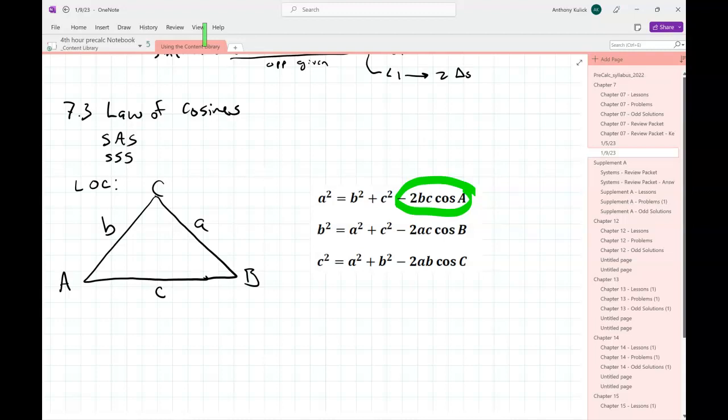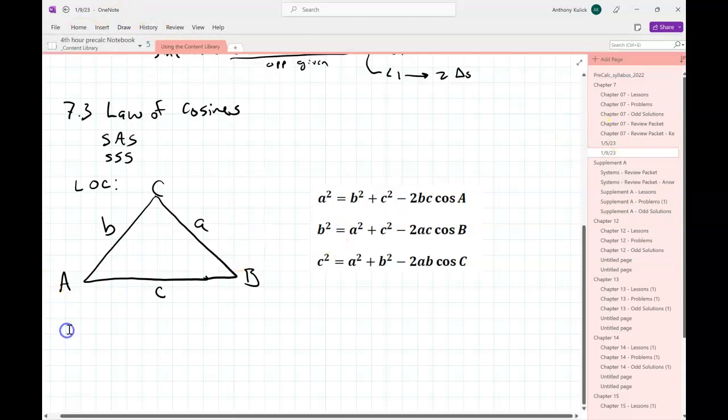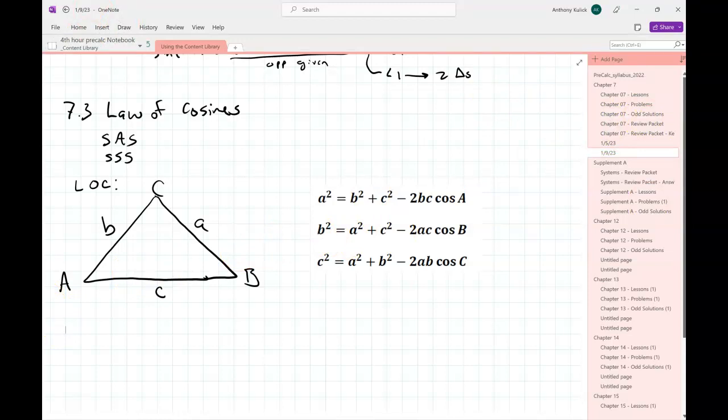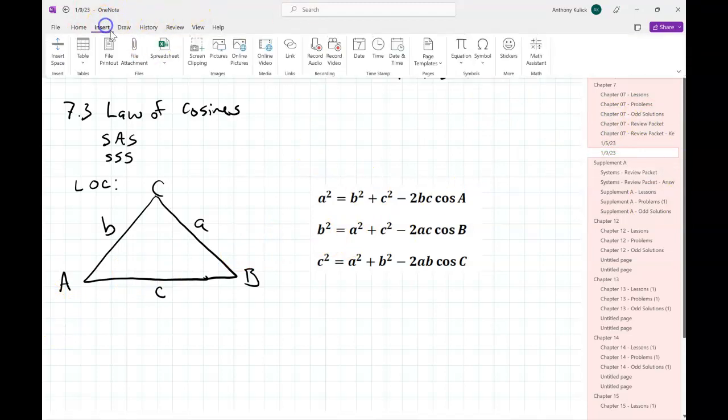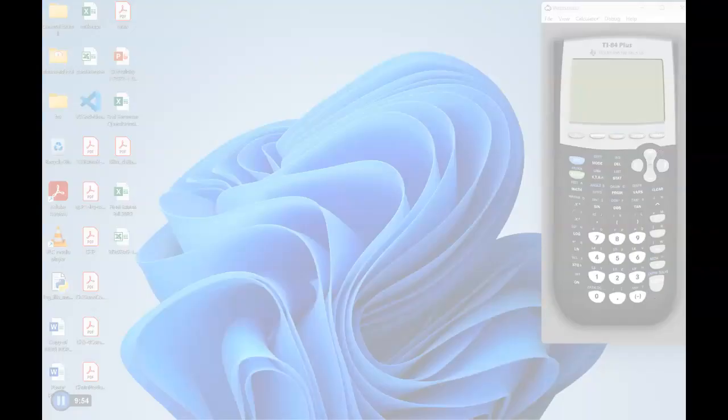So when it's a right triangle, it just simply turns into the Pythagorean theorem. That's basically all this is, just the Pythagorean theorem with that extra correction factor stuck on the end, because we don't have a right triangle necessarily. And if we do, the correction factor just drops off and there's nothing to it.